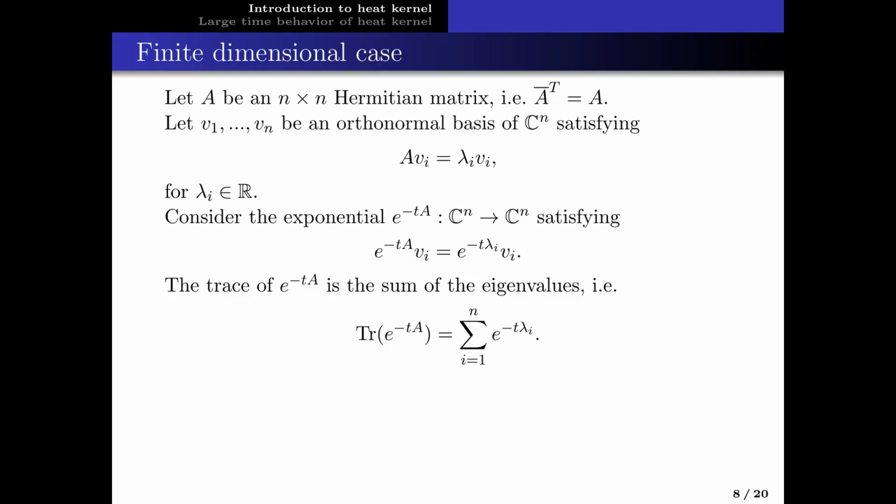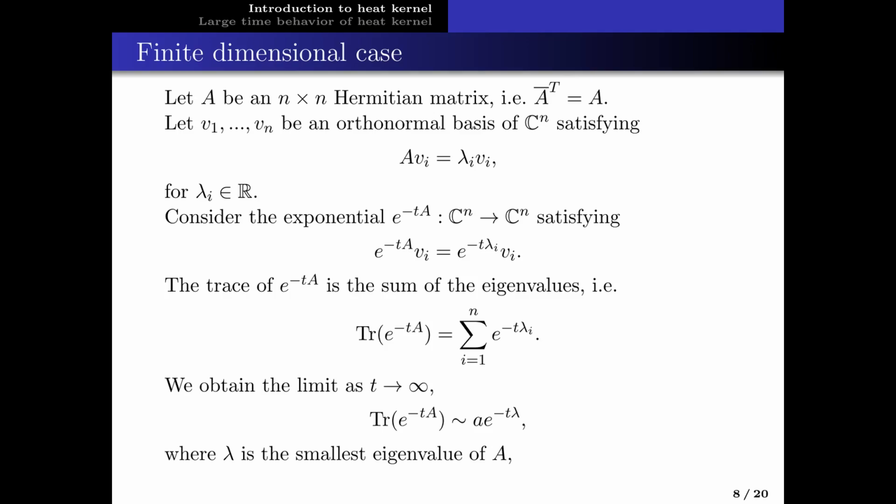So now we're going to try to answer the question: what is the behavior of this trace as t goes to infinity? We see that this is just a sum of exponential functions. As t goes to infinity, this will be dominated by the smallest eigenvalue. And what is A? A is the multiplicity of the smallest eigenvalue.